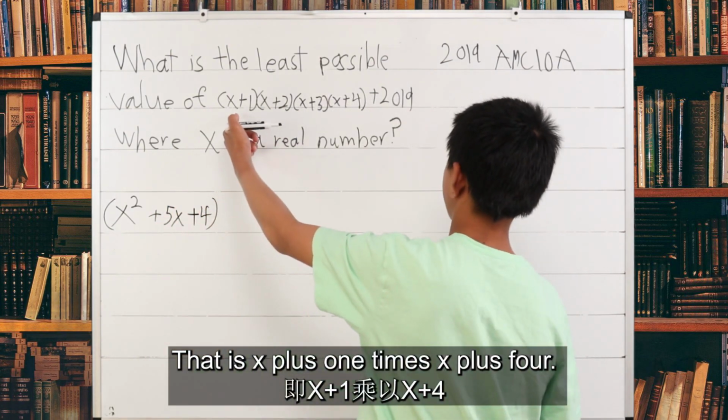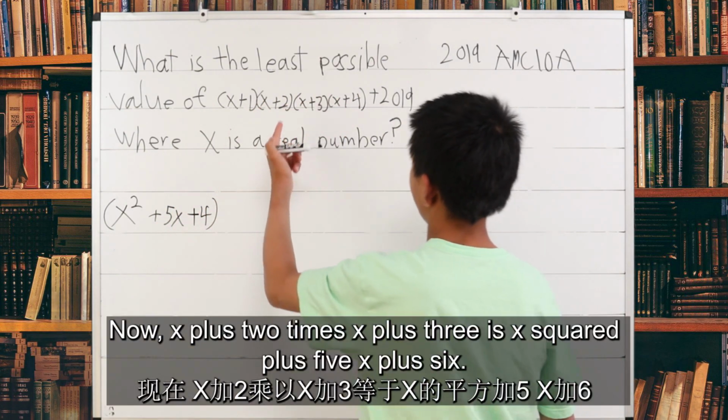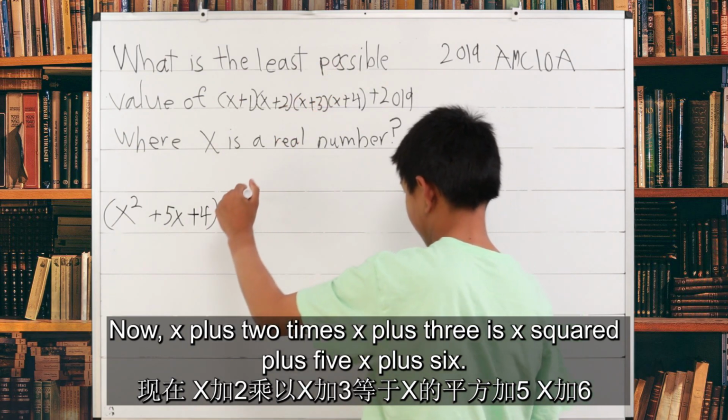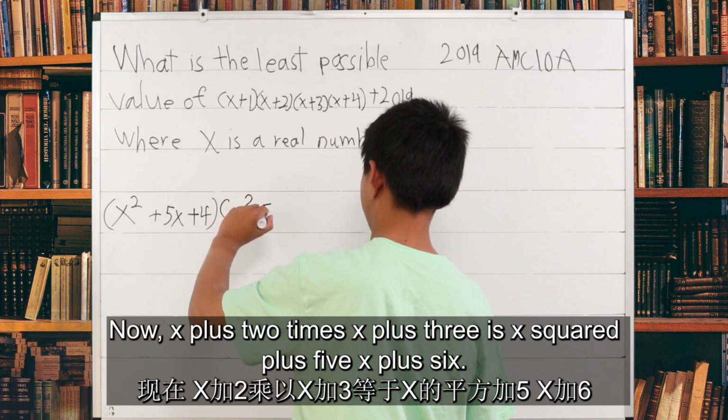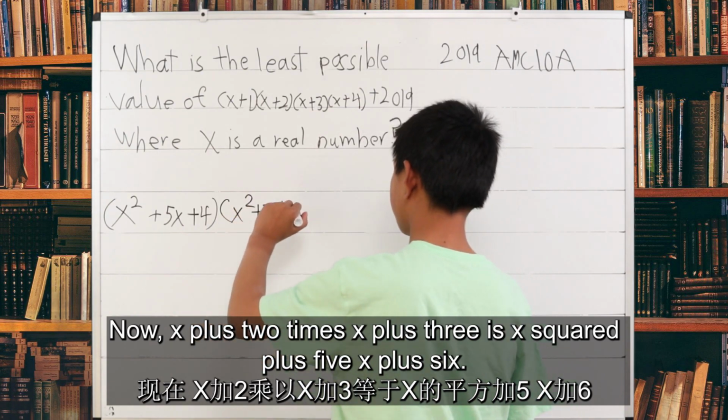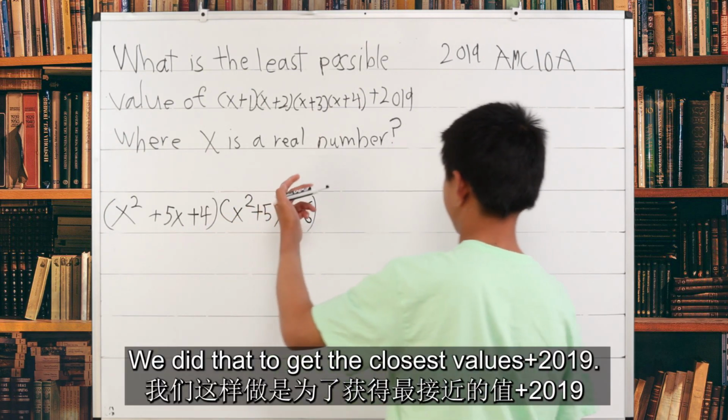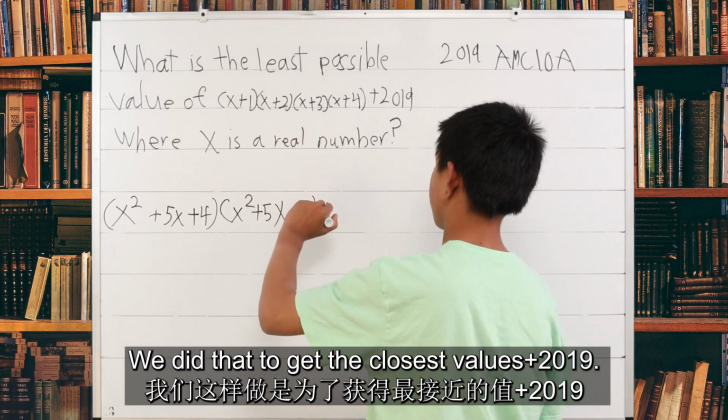Now (x+2)(x+3) is x squared plus 5x plus 6. We did that to get the closest values, plus 2019.